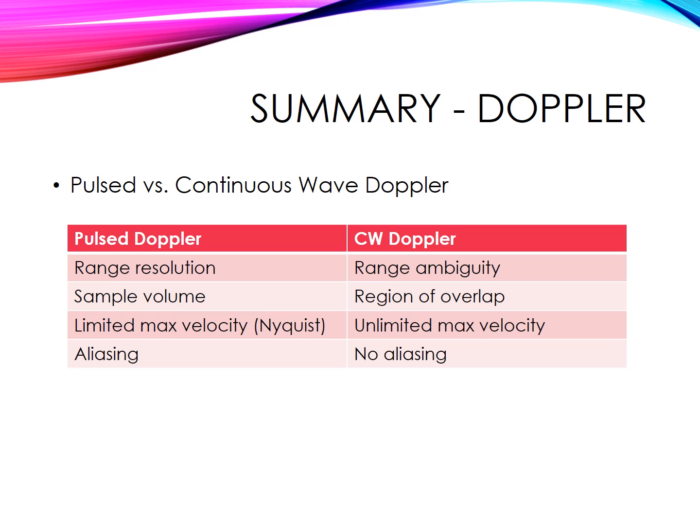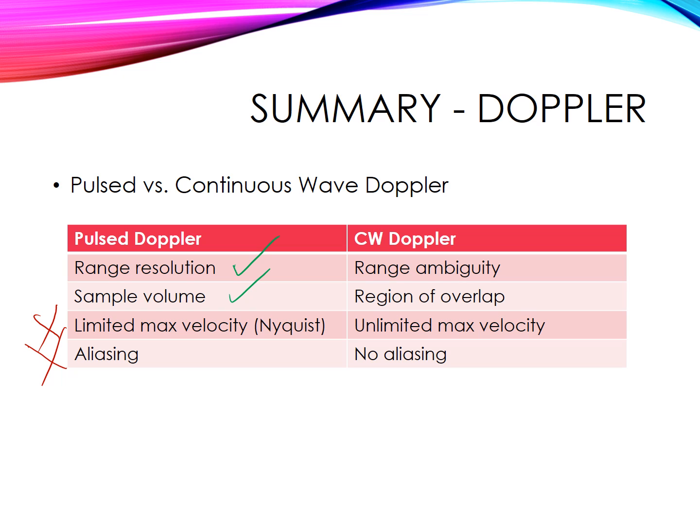So to kind of summarize all this Doppler stuff that we've talked about, we have pulsed versus continuous wave Doppler. We have range resolution, which is a good thing. We can choose our sample volume. The problem is that it's got a limited max velocity, which is that Nyquist limit, and we're going to get aliasing with it. So those are the goods and bads of pulse Doppler.